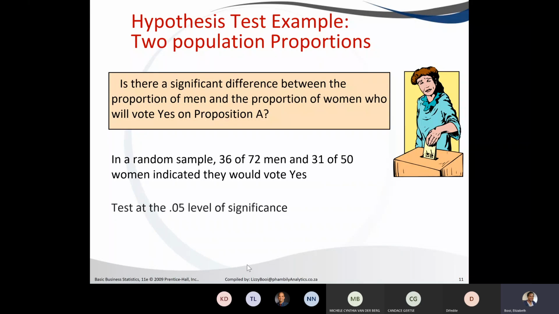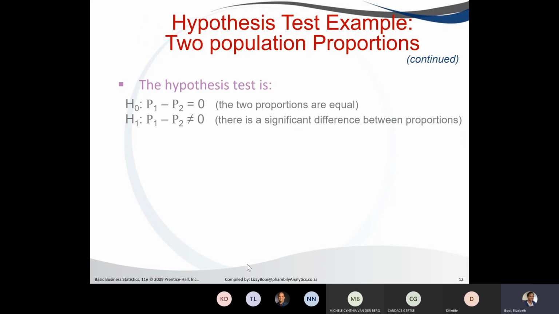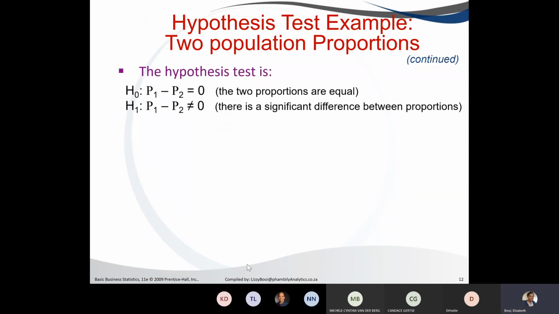If we want to test this at a 5% level of significance, then the first step is to state the null hypothesis. Our null hypothesis will state that the difference between the two populations is equal to 0, because we assume that the two populations are equal.